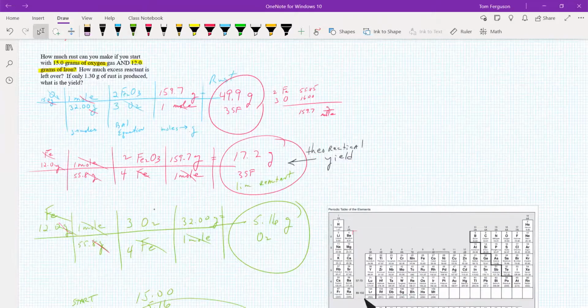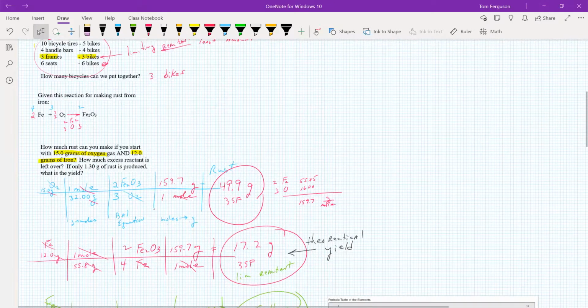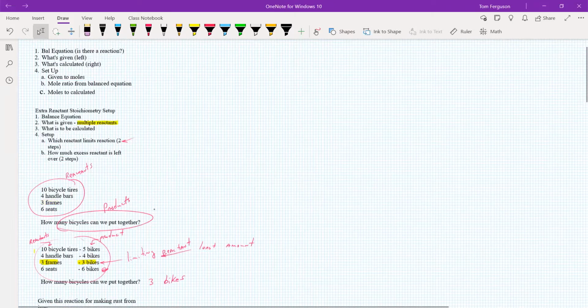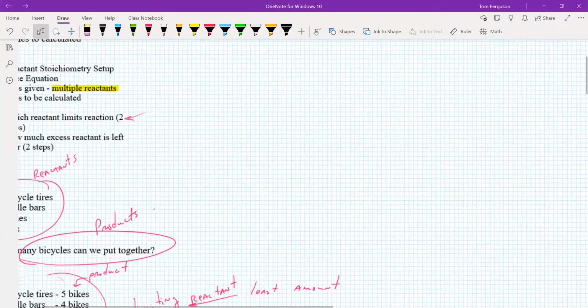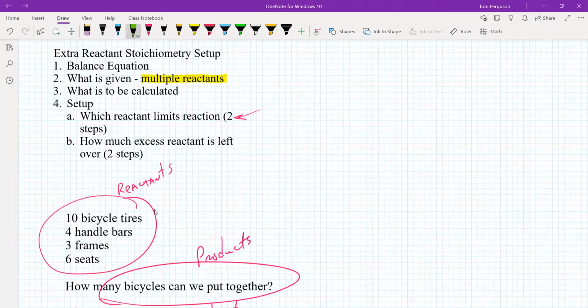What happens when you have more than one starting material? Okay, step number one is we need to find out which of the reactants limits the reaction. Now, if you have two givens, that's 2 steps.